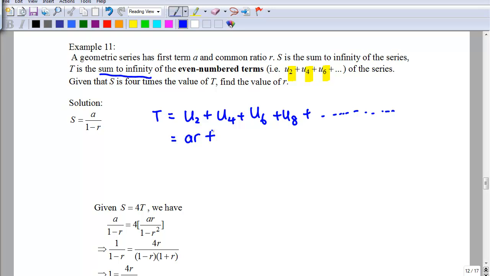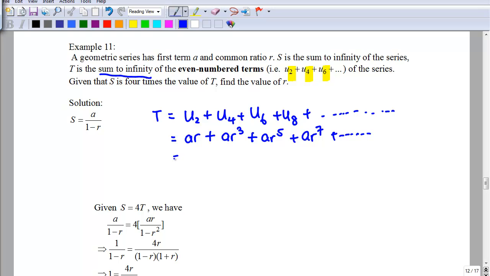U subscript 4 is the fourth term of the original series with first term a and common ratio r, so u4 should be a r to the power of 4 minus 1, which is 3. Similarly, u subscript 6 will be a r to the power 5. U subscript 8, the eighth term, should be a r to the power 7, and so on and so forth.